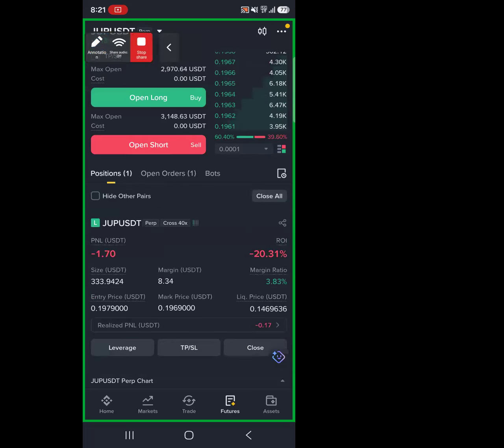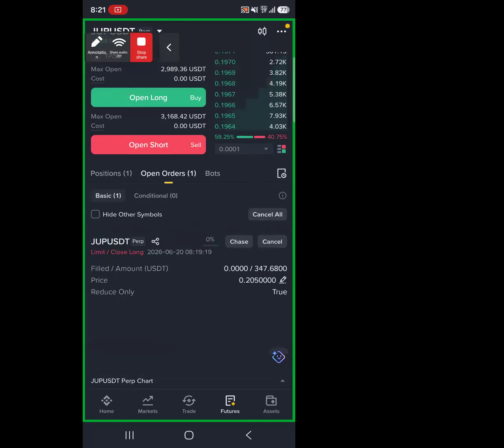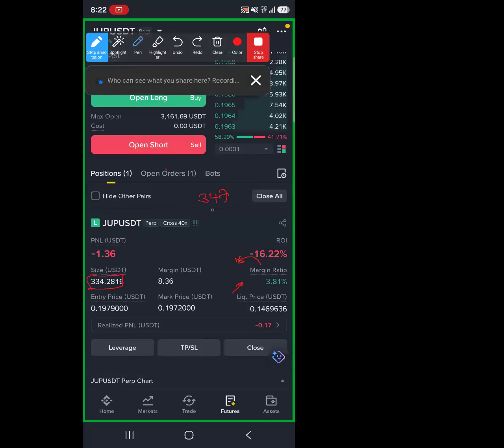But currently, this is what we have. So it means our profit will be 347. Let me see what the position is, it is 347.68. So when you come back, you're going to have 347.67 minus 334.28. What will be our profit?